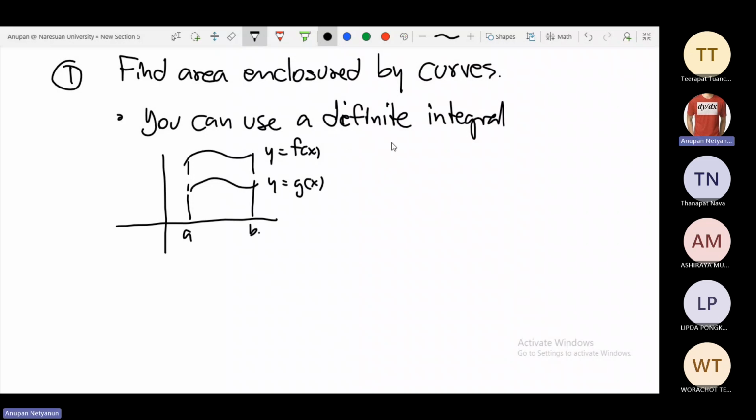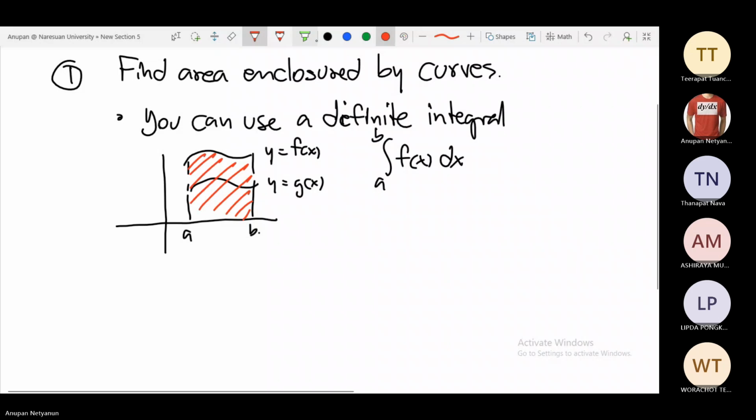And you know that the definite integral is an area under the graph, and above the x-axis. So for this definite integral, it's going to be the red shading area here.